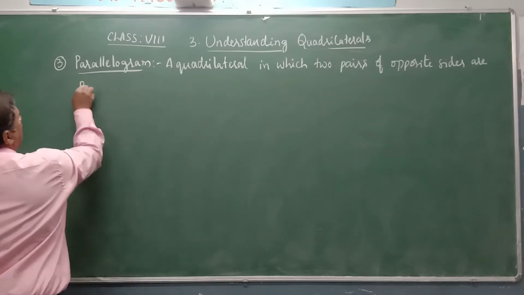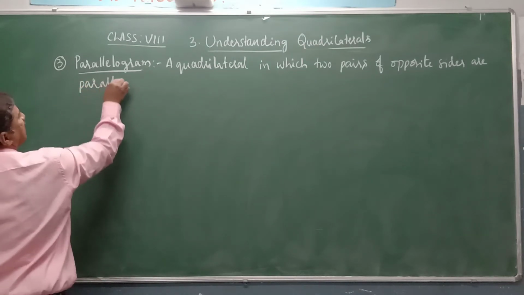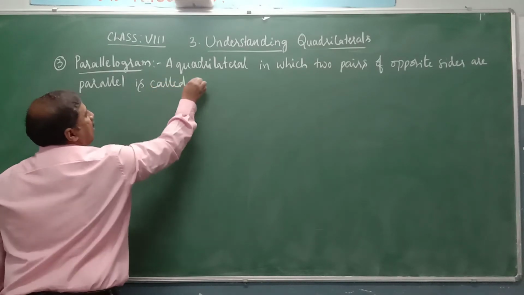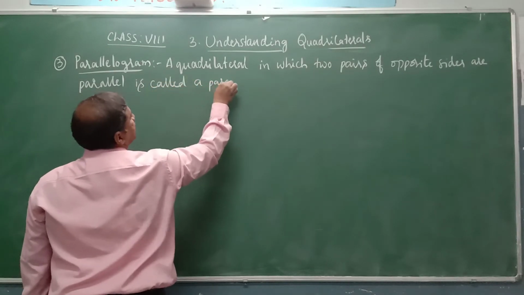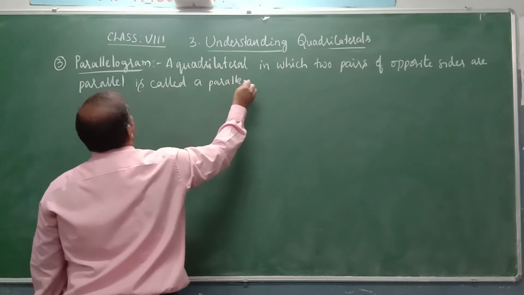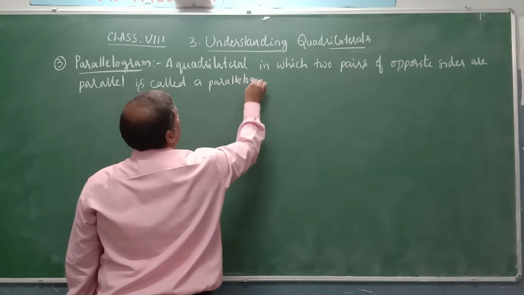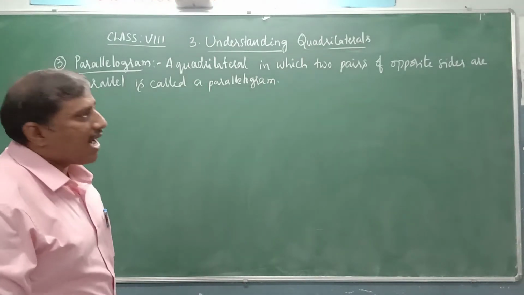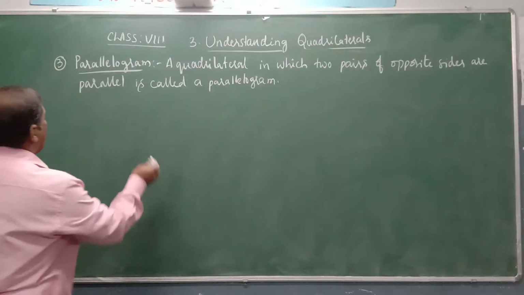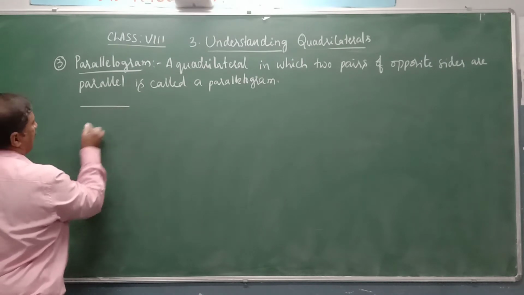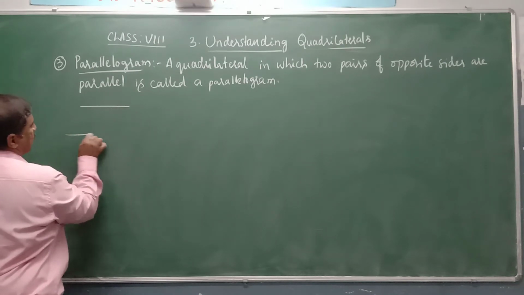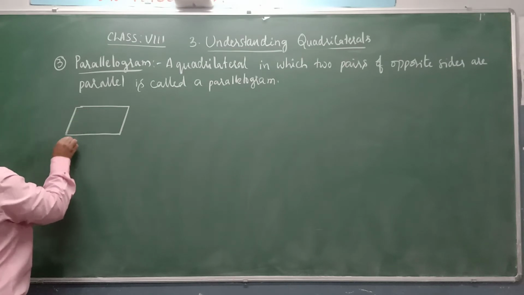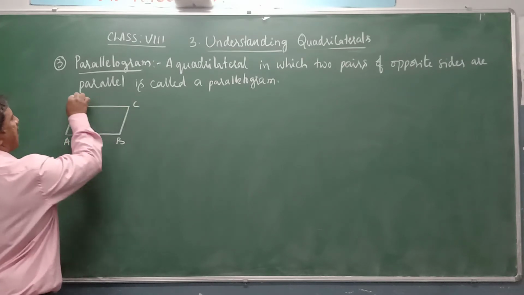Is called a parallelogram. So what is a parallelogram? A quadrilateral ABCD is a parallelogram.